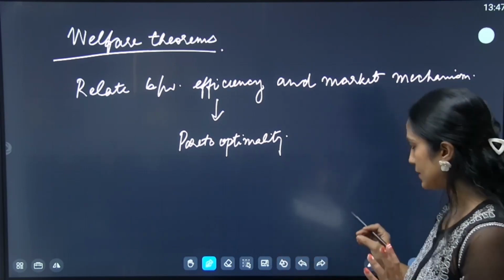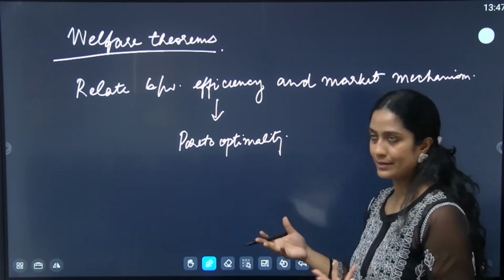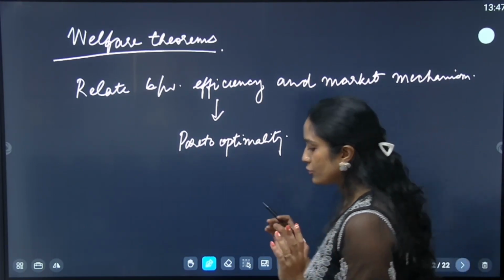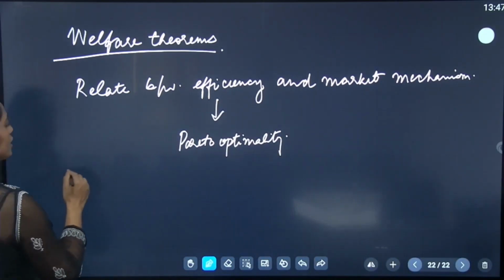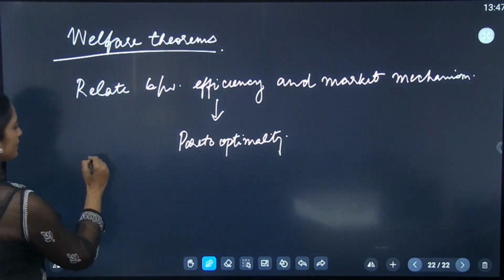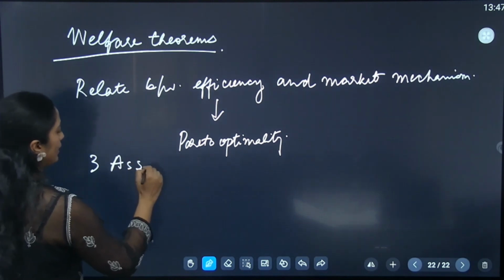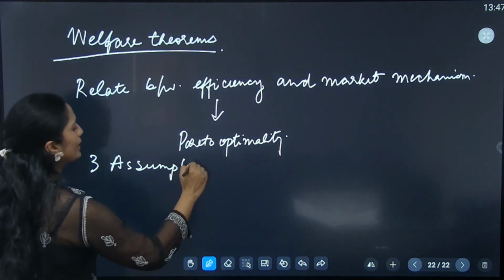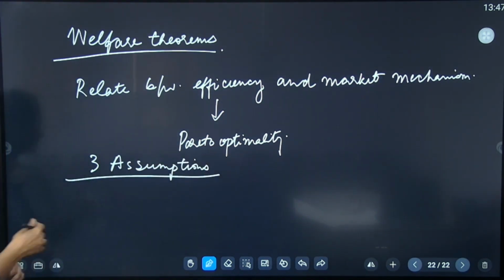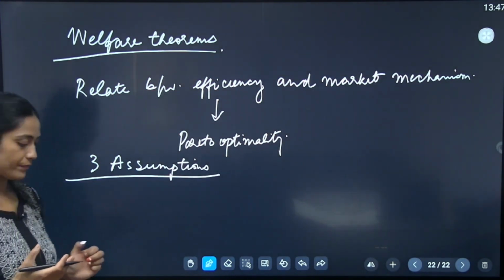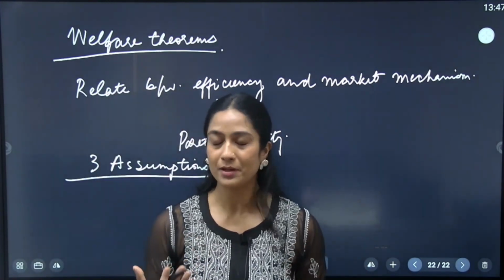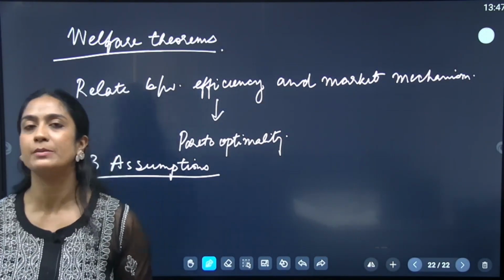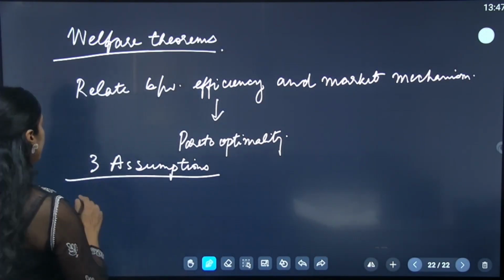So before I state the theorems, we need to specify 3 assumptions that are required for this theorem, right? Now these assumptions are very basic and more or less they make sense, right? You can think that they are not very demanding, but when we go to the real world, they can actually be very demanding. But for now, let's just state them.